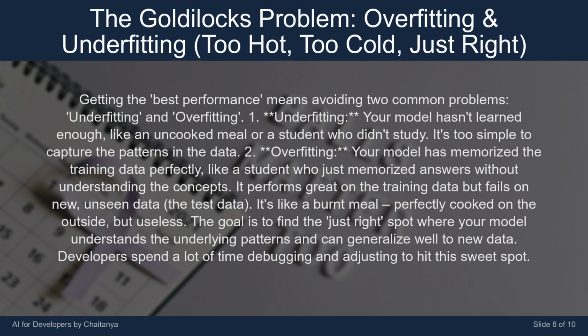It performs great on the training data but fails on new, unseen data, the test data. It's like a burnt meal, perfectly cooked on the outside, but useless. The goal is to find the just right spot where your model understands the underlying patterns and can generalize well to new data. Developers spend a lot of time debugging and adjusting to hit this sweet spot.